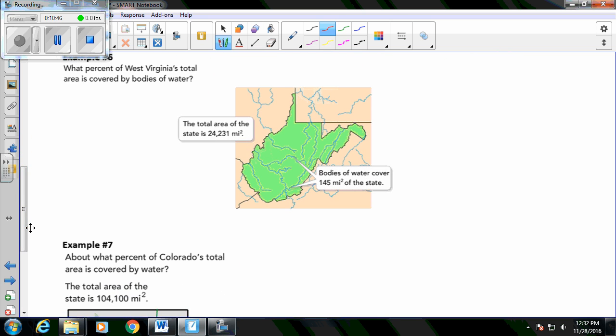What percent of West Virginia's total area is covered by bodies of water? So here's the part, 145. I'm looking for the percent over 100 times the total, which is 24,231.